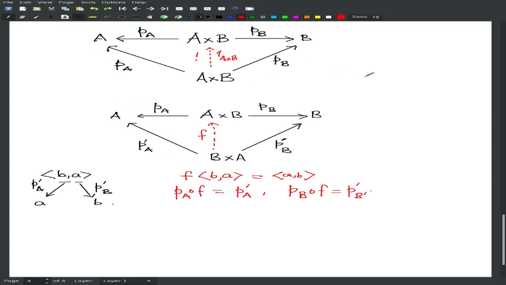So, roughly speaking, this is the rough idea behind commutativity.